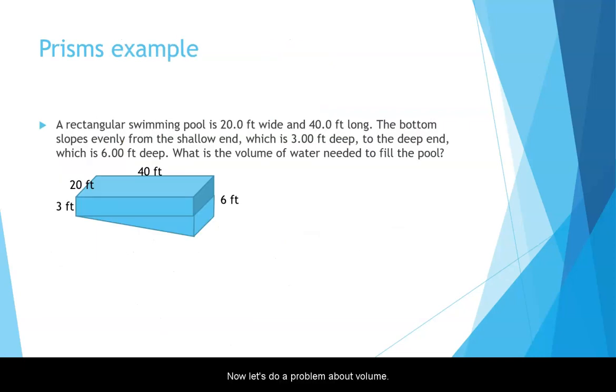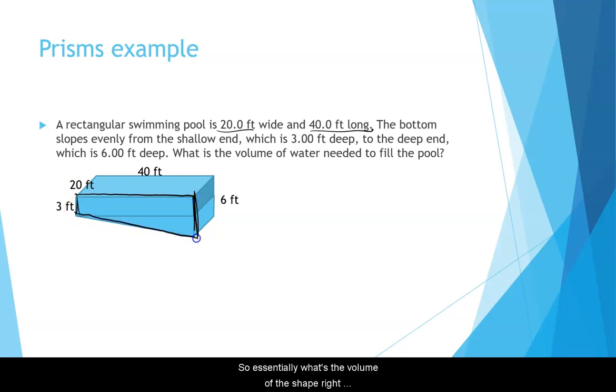Now let's do a problem about volume. A rectangular swimming pool is 20 feet wide and 40 feet long. The bottom slopes evenly from the shallow end, which is 3 feet deep, to the deep end, which is 6 feet deep. What is the volume of water needed to fill the pool? So essentially, what's the volume of this shape right here?